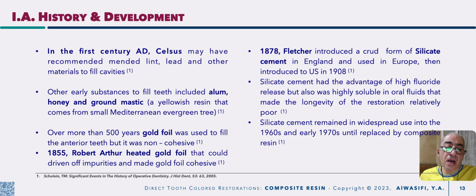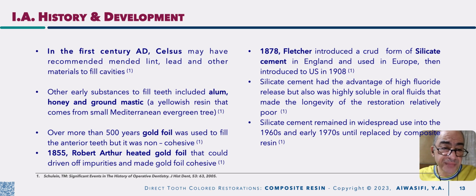Then alum mixed with honey and ground mesquite in the Mediterranean area. Then 500 years ago, gold foil was introduced to the restorative choices for anterior teeth, as at this time the golden metallic appearance was considered the most acceptable aesthetic and luxury appearance.